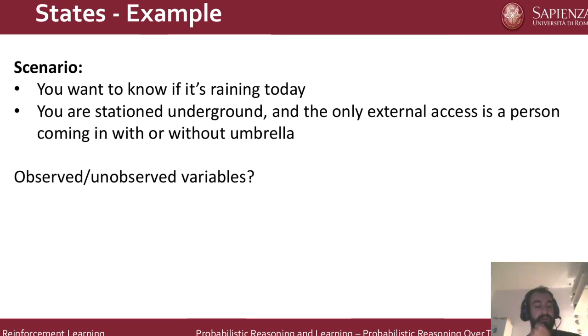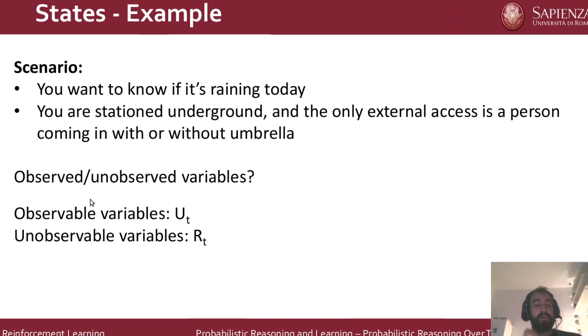The answer is pretty simple, because we are observing only the random variable umbrella at time step t, so whether the person has come in with an umbrella or not, which is Boolean, and the unobservable variable, which is the real state, is whether it's raining or not.